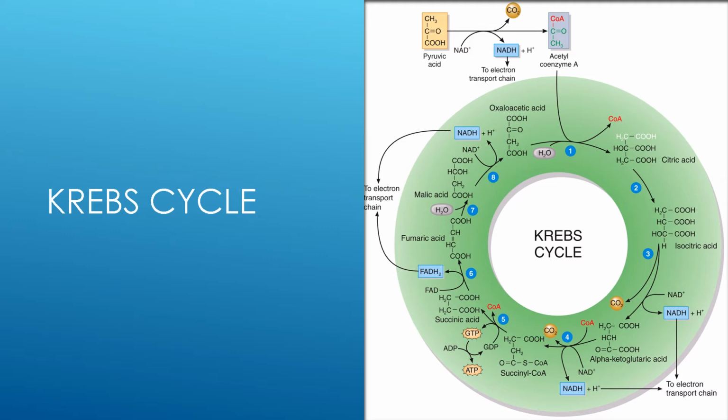So remember, each glucose molecule will produce 2 pyruvic acids, and thus 2 acetyl coenzyme A's. And then each acetyl CoA will produce 3 NADH for each cycle, 3 hydrogen ions, 1 FADH2, and also a molecule of ATP.